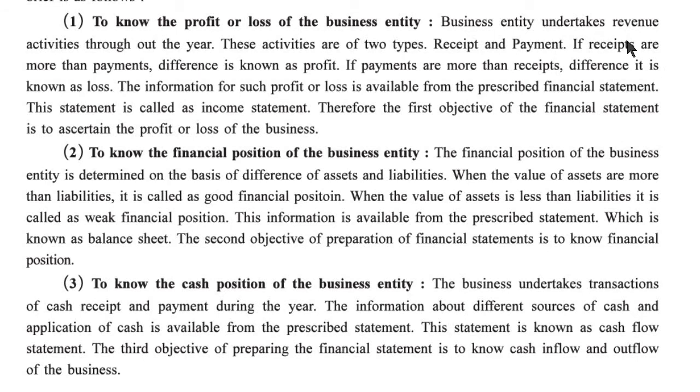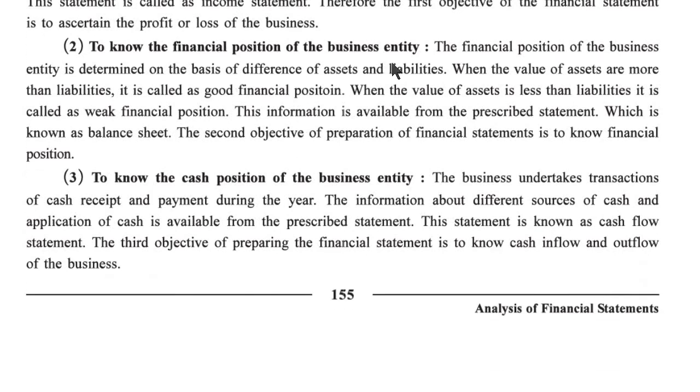If income is more than payment, then it is a profit, and if payment is more than income, then it is a loss. The information for such profit or loss is available from the prescribed financial statement. This statement is also called the income statement. Therefore, the first objective of the financial statement is to ascertain the profit or loss of the business.